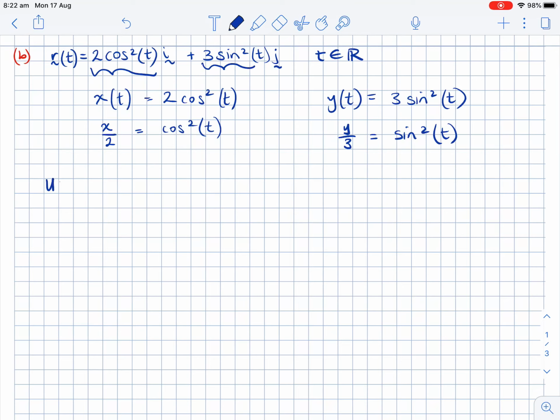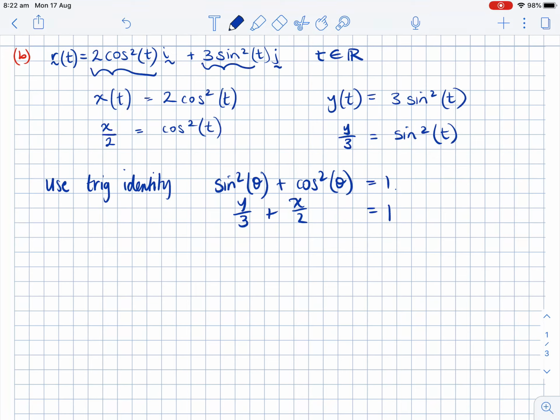So now if I use the trig identity sine squared theta plus cos squared theta equals 1, I can simply substitute in y on 3 plus x on 2 has to equal 1.